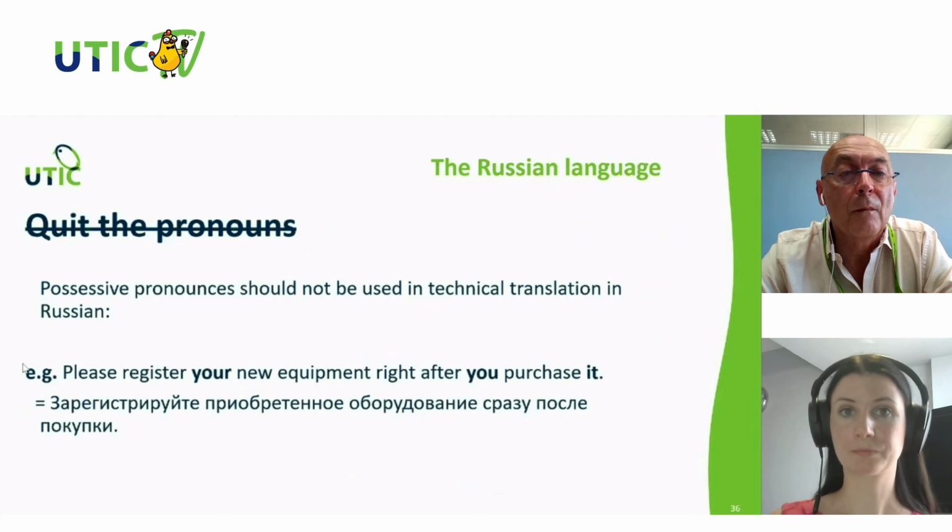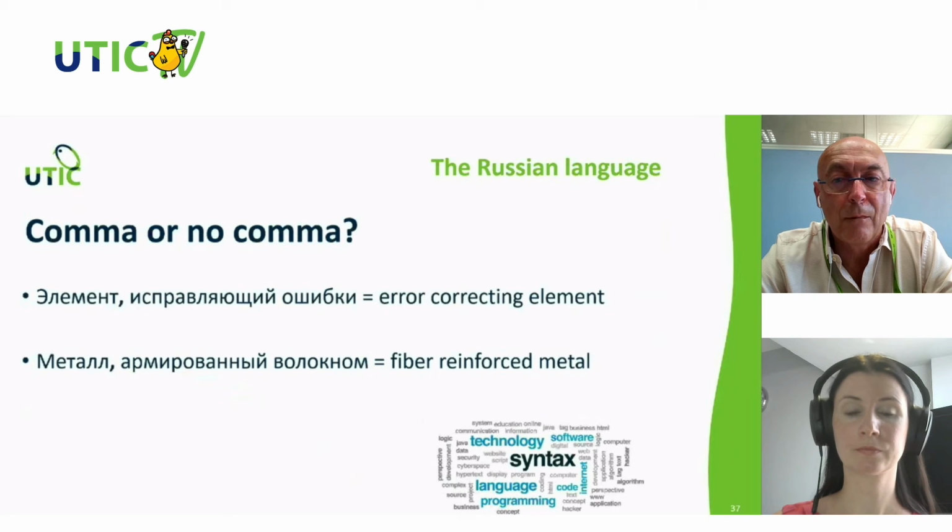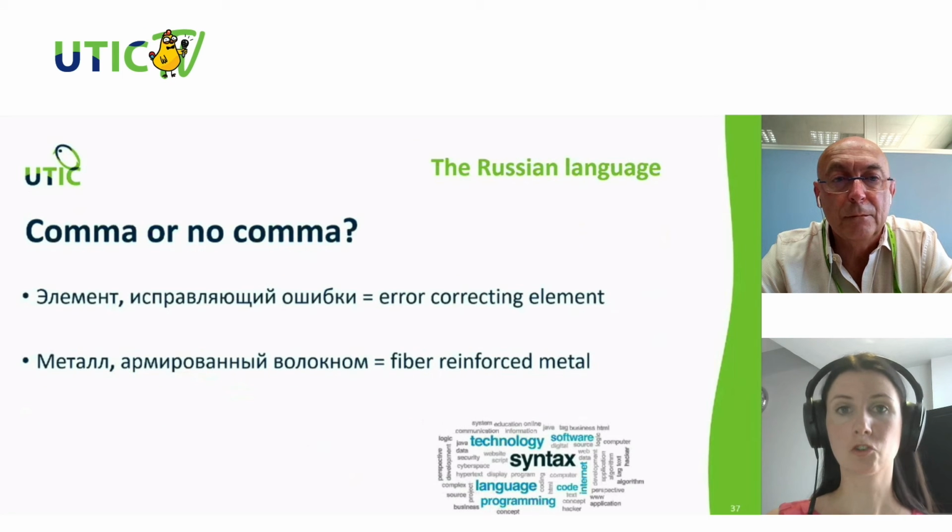And another point is related to the usage of possessive pronouns, which we have already mentioned a bit. In Russian, we have a tendency to omit them, while there is a great use of them in English.